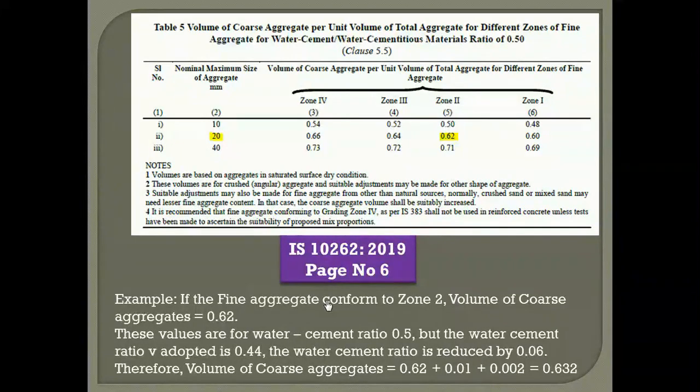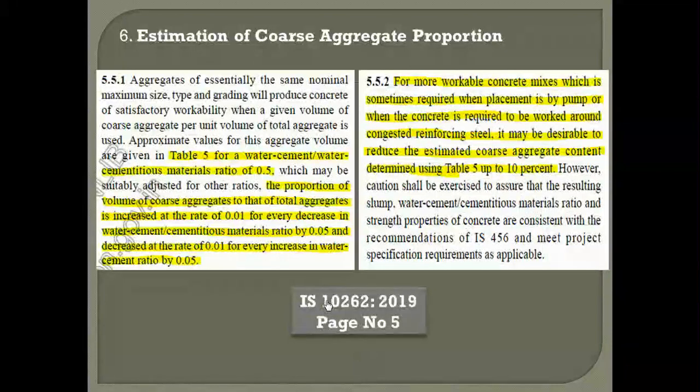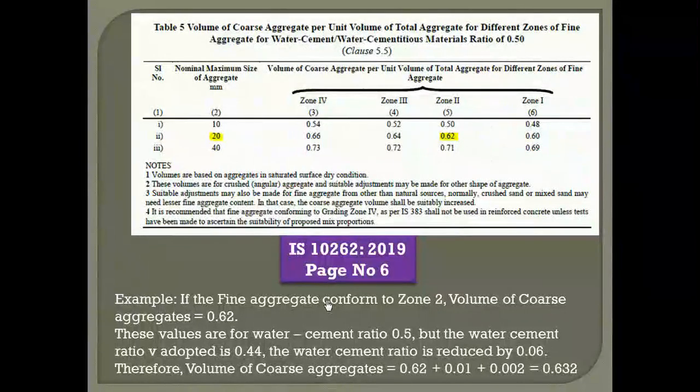The code says that for every 0.05 decrease, you have to increase the volume of coarse aggregate by 0.01. So for the 0.05 decrease we have increased by 0.01, and another 0.01 is left.